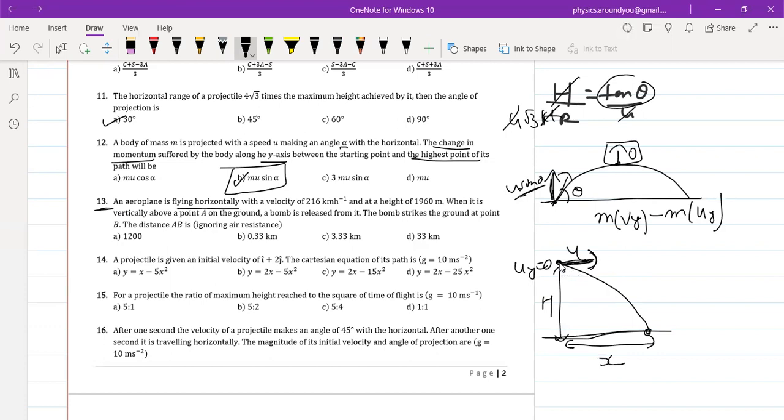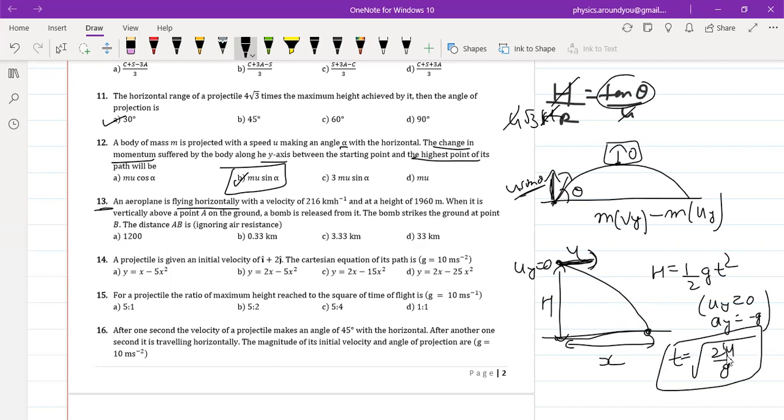The time taken by it to drop the height h is equal to half gt square, because uy is 0 and ay is minus g. Well, it's minus h equal to minus half gt square, but the minuses cancel. So the time it takes to strike the ground is t equal to root of 2h by g, right?